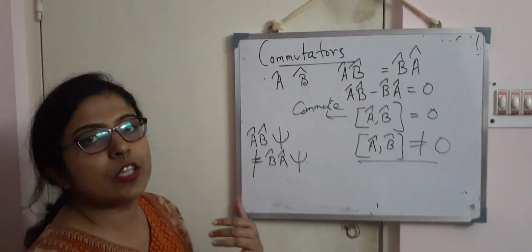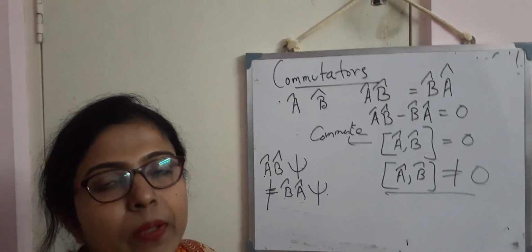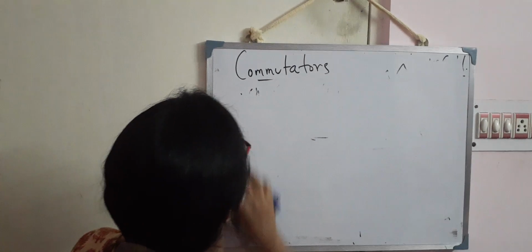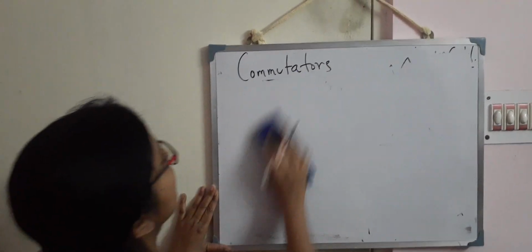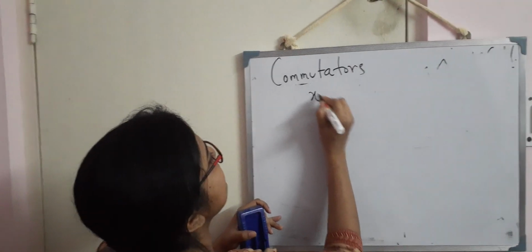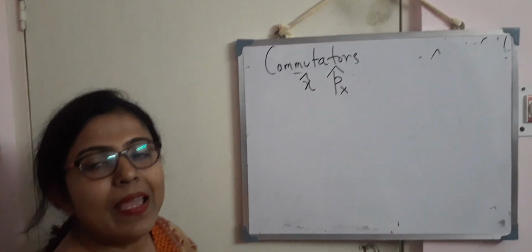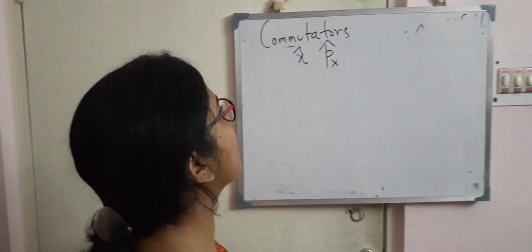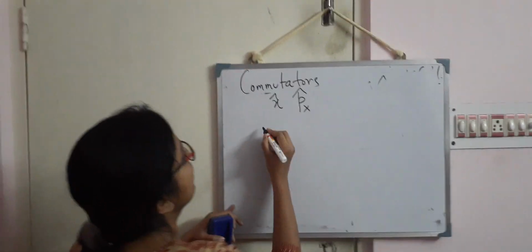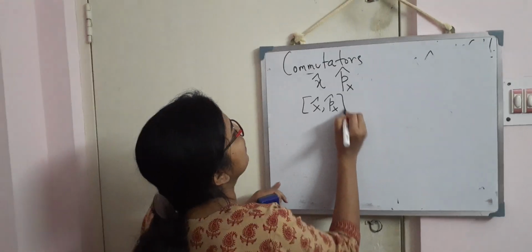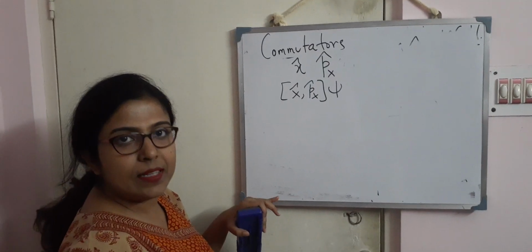So let us just work out one example of the commutation relation. So let us talk about two operators x cap and px cap, and let us see what the commutation relation between them is. So we want to find out what result this gives.